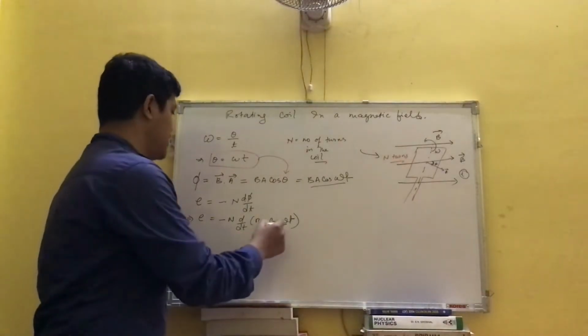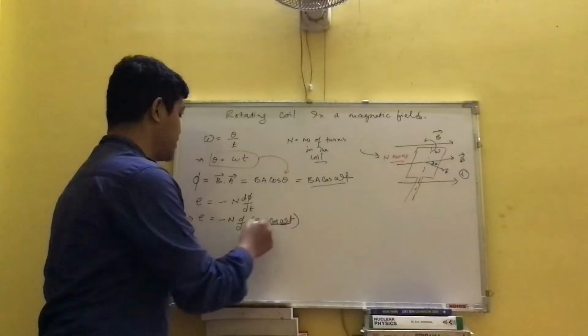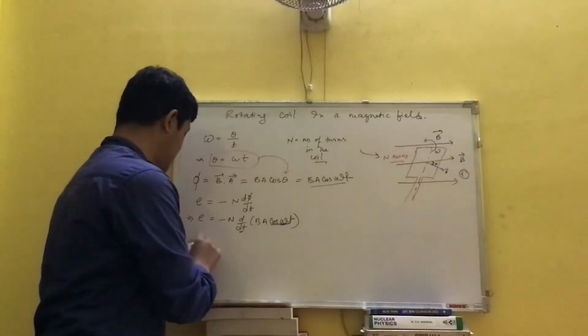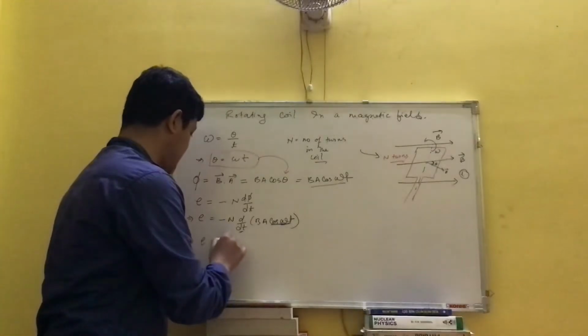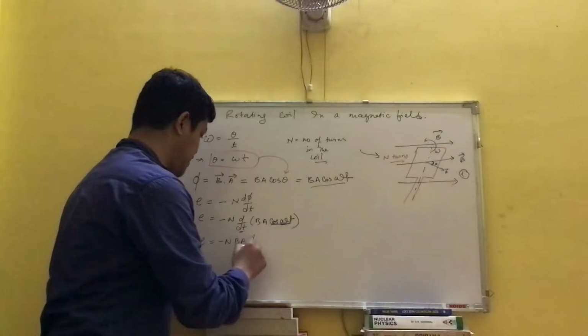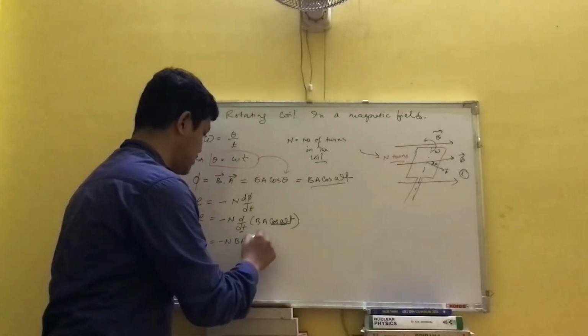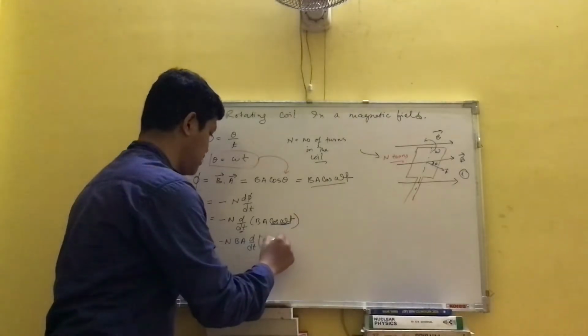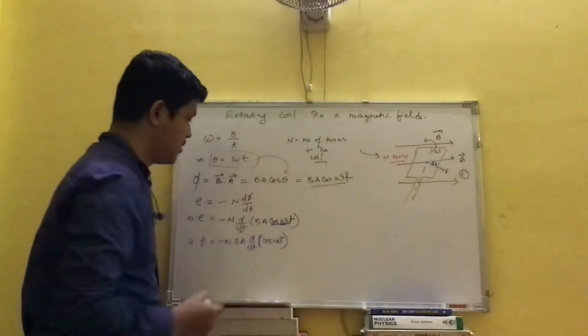So cos omega t is a function of time only, so E is minus n BA d by dt of cos omega t.